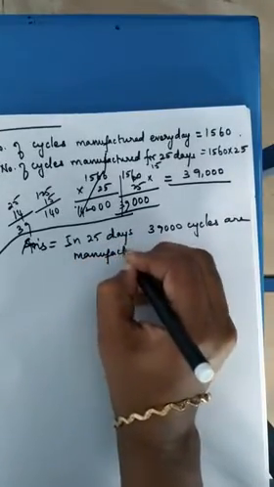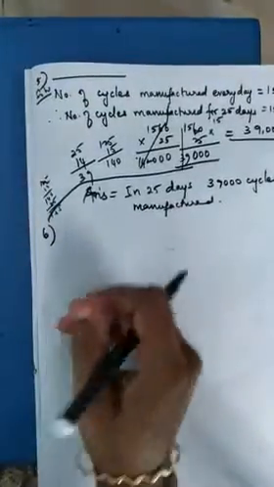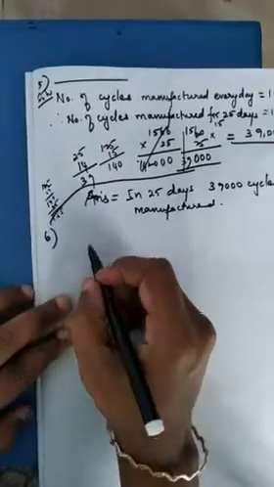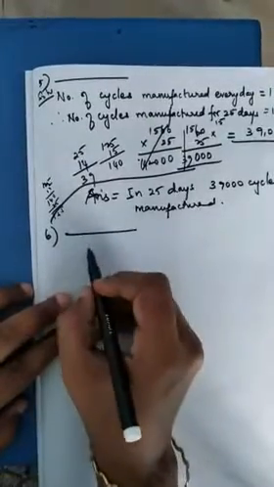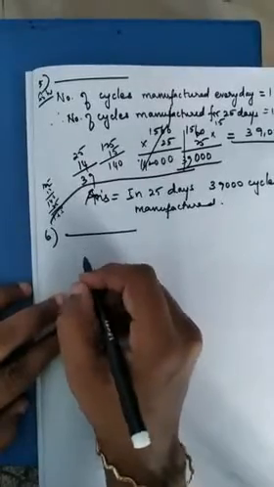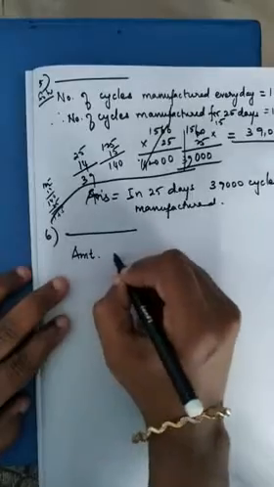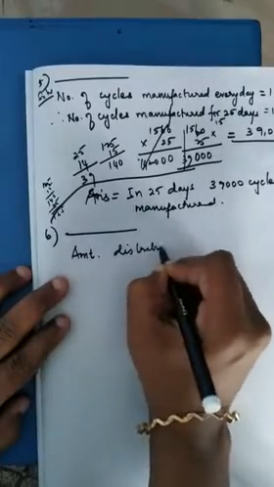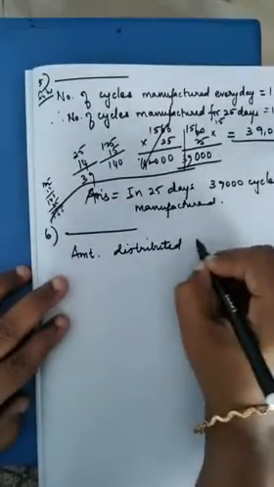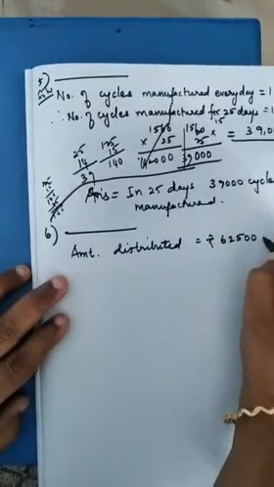Now coming to the sixth problem. What is that? Rupees 62,500 are equally distributed as New Year bonus. So the amount distributed is rupees 62,500.